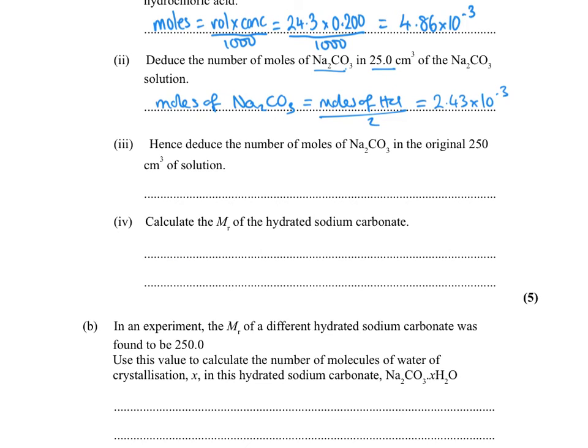Okay, if we have this amount of moles in 25, then we're going to have 10 times that in 250, because 25 goes into 250 10 times, so the same is going to be true for the number of moles. So it's going to be 2.43 times 10 to the minus 3 times 10.